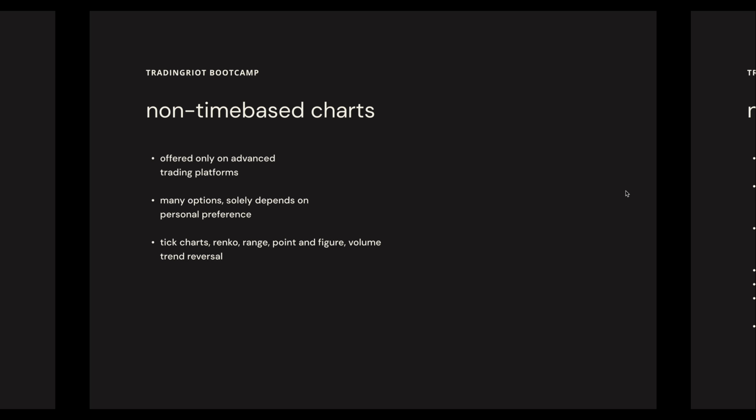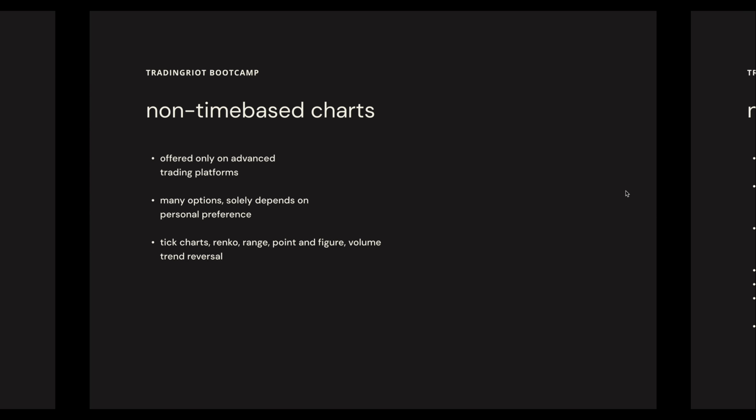What is important to understand is that the tick chart will have to be adjusted based on volatility. On slow days you will have very few candles, and on high volatility days you will have a lot of candles. So you will have to constantly adjust tick charts based on market conditions, and there is no real trick to it. You need to get a feeling for it and find the number that works for you.